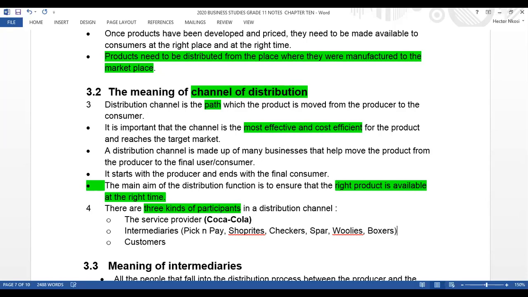So these will be your intermediaries because they're the ones who buy cold drinks from Coca-Cola, then sell them to you, right? So you must understand this hierarchy, grade 11s.